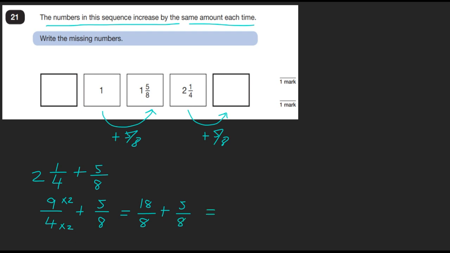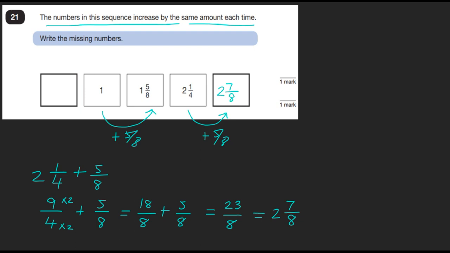So this is going to be 23 over 8. So 23 over 8, you can put that as a mixed number. 2 wholes, in 8, that means 16. 16 plus 7 is the 23. So 2 wholes and 7/8 is here.